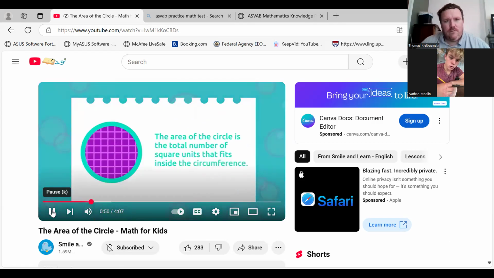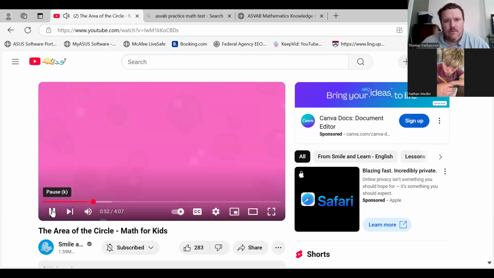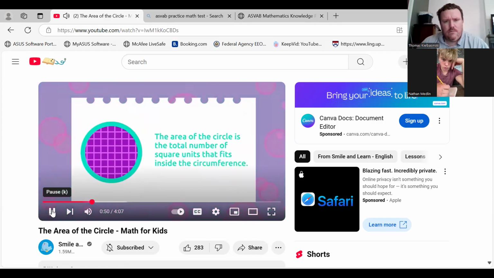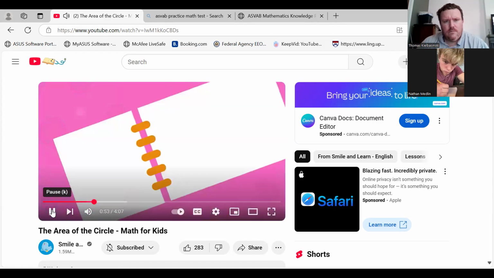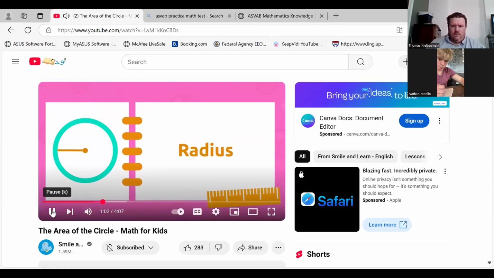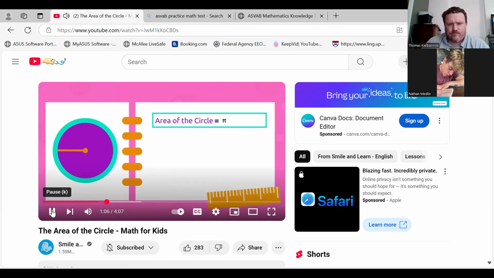First off, let's recap some parts of the circle. Here is the center, and this is the radius. To find the area of the circle, we multiply pi by the radius squared, meaning we multiply pi by the radius that is multiplied by itself.